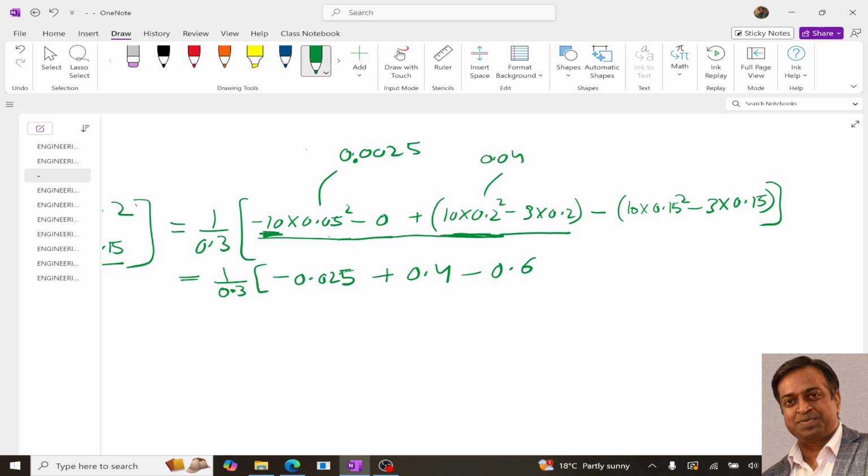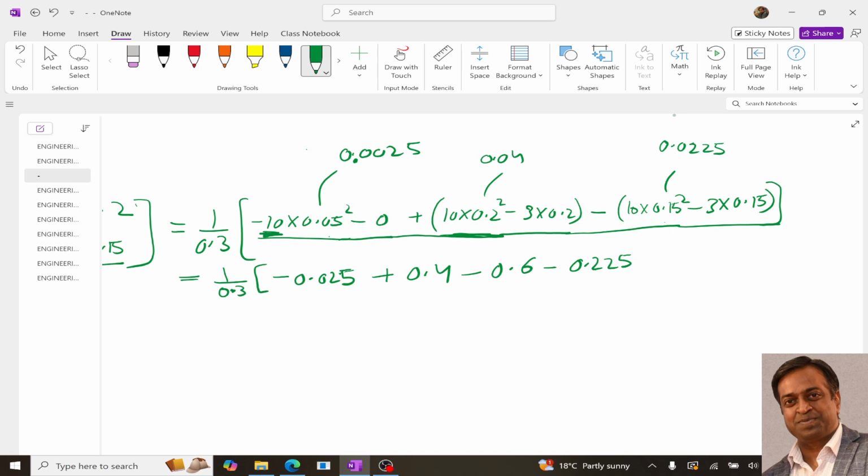Now going further, it is minus 10 into 0.15 square, 0.15 square is 0.0225, into 10, so we will get minus 0.225.